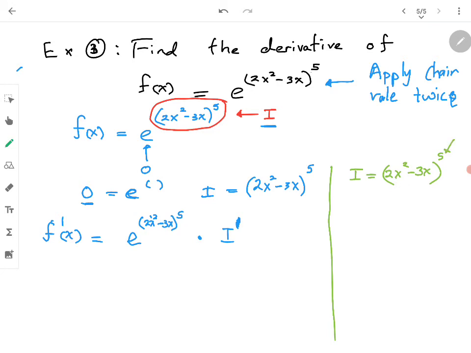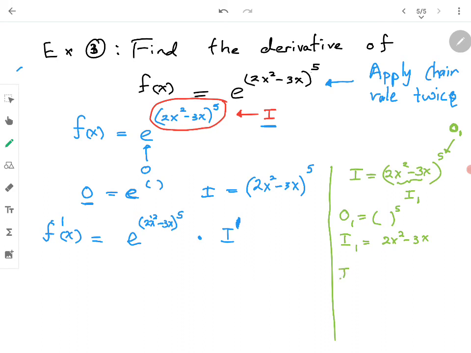So the outer function is a power, and the inner function is 2x squared minus 3x. So I can say, let's say O1 is the outer function of this one, and I1 is the inner function. Then O1 is the power function part, and the inner function is 2x squared minus 3x.